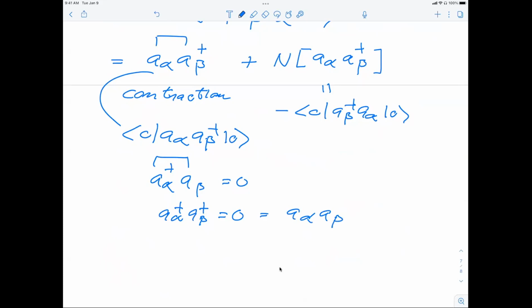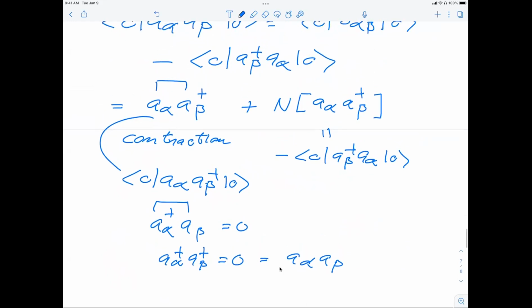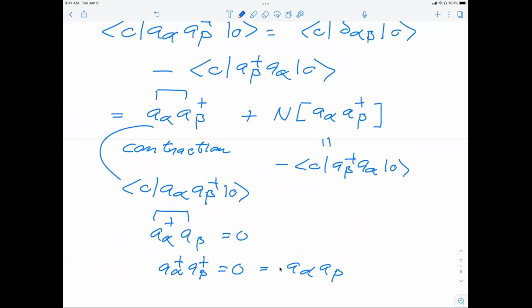Now, what does normal ordering mean? Normal ordering means that I reorder the creation and annihilation operators, so the creation operators are always to the left and the annihilation operators to the right. And then, depending on how many times I shift the order of these operators, like in this specific case here, I shift them once.